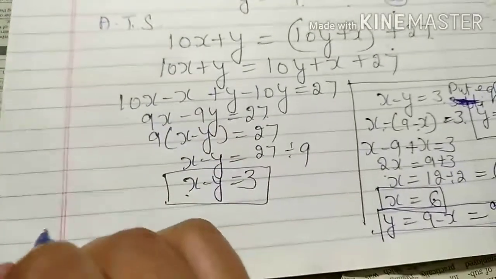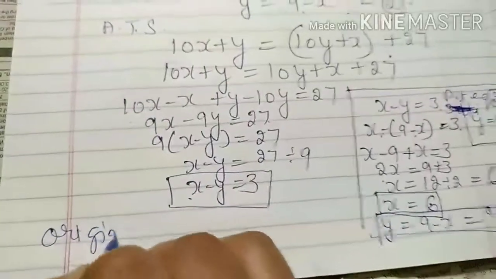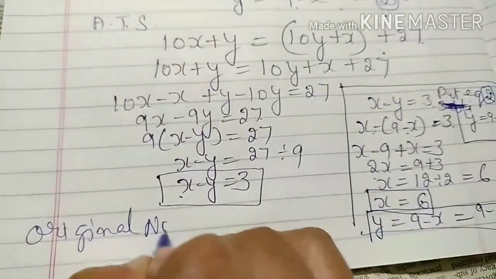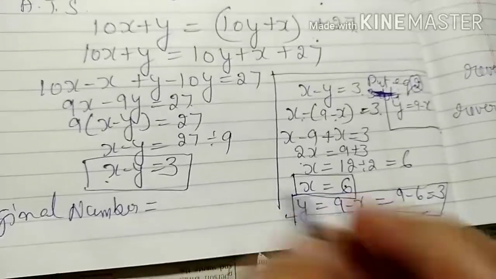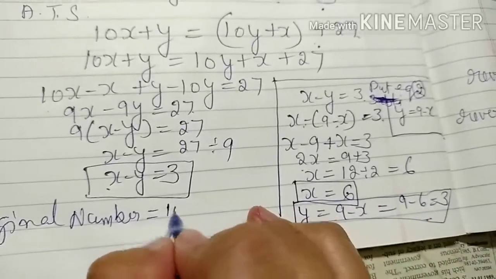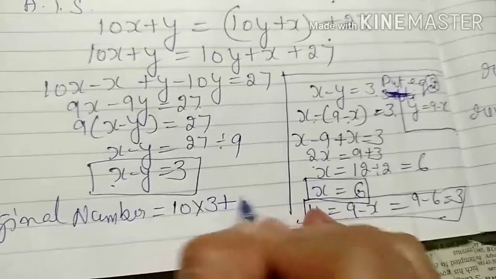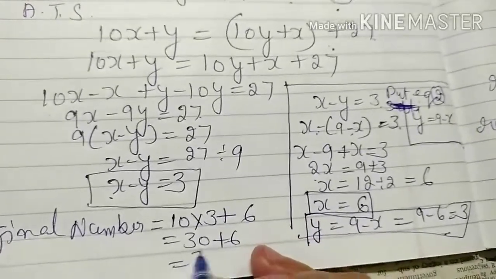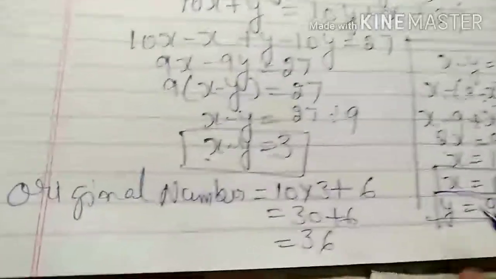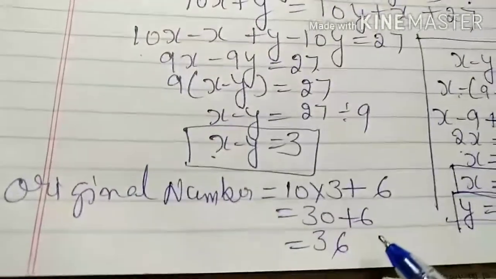So the tens place is 3, like 10 into 3, and the ones place is 6. So that is 30 plus 6 is equal to 36. So this is my required answer, the original number.